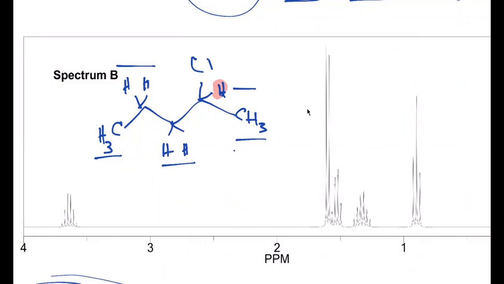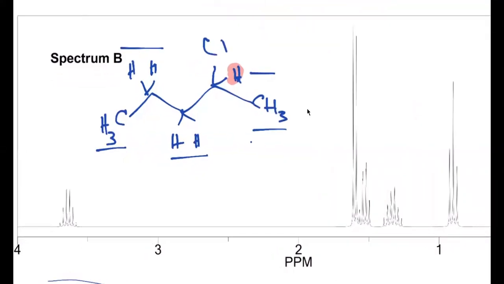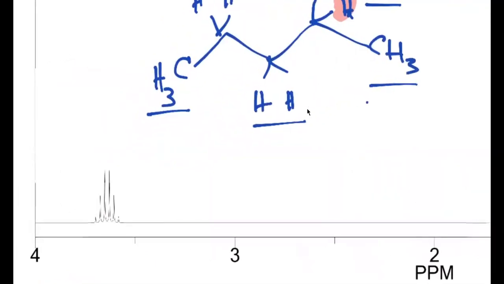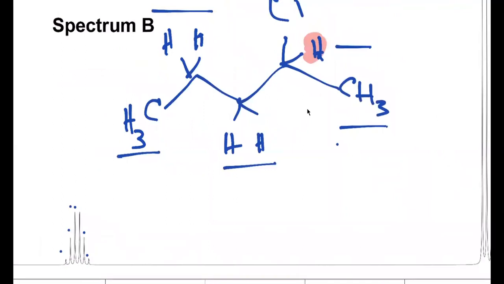Whenever I say splitting pattern, that's what I'm talking about. 6 lines. Yes. And you can see that here, right? It's furthest downfield, and you can see 1, 2, 3, 4, 5, 6 lines. All right, so we're going to call that one A.